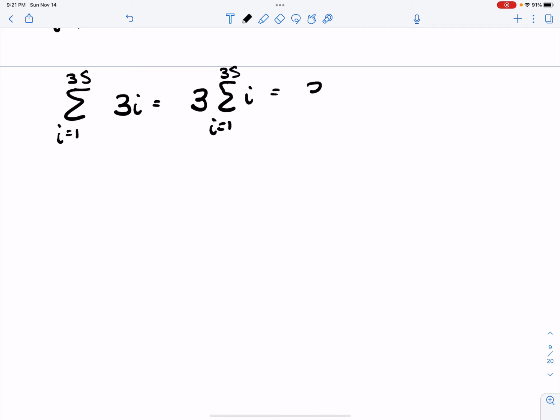Okay, so 3 times, and then we have that new rule now for the summation of 1 to n of i. We can do 35 times 35 plus 1 over 2. And when we do that, we end up with 1,890.